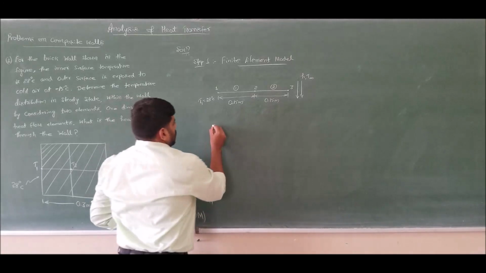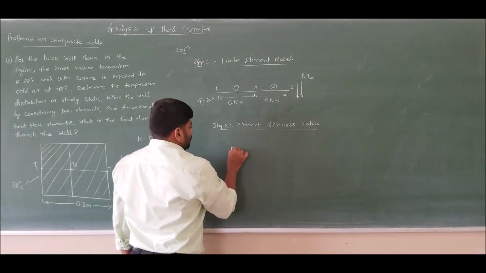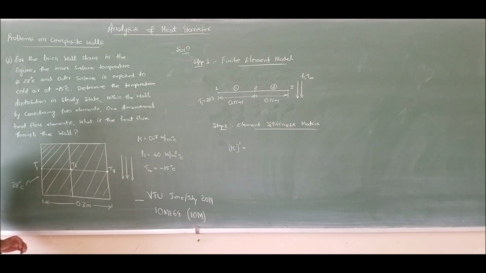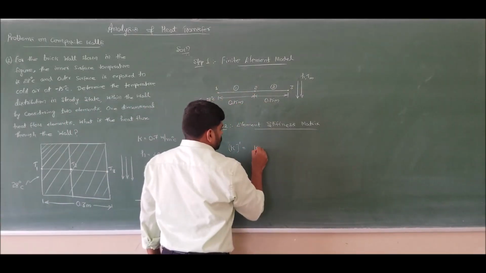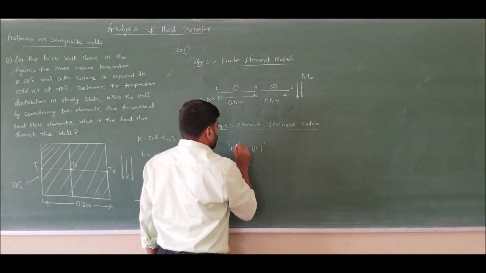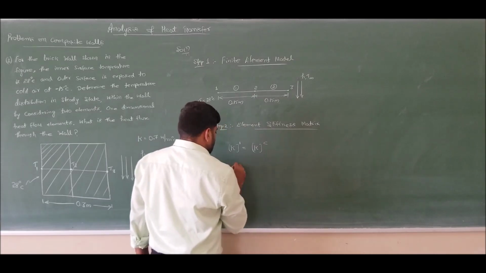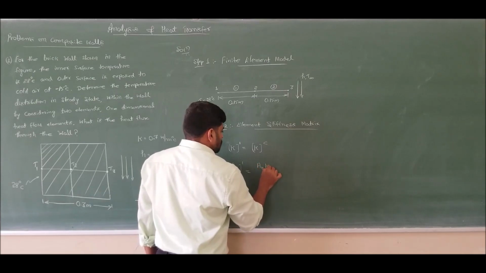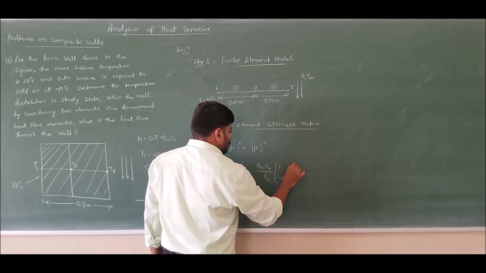Moving on to step 2, that is the element stiffness matrix. The element stiffness matrix for element number 1 is only because of conduction, because there is no end convection for element number 1. So for element 1 we have only the conduction mode of heat transfer. If I substitute and simplify the corresponding values, I will get the element stiffness matrix of element 1 as area of the element times thermal conductivity of the element by length of the element, times 1 minus 1 minus 1 1.